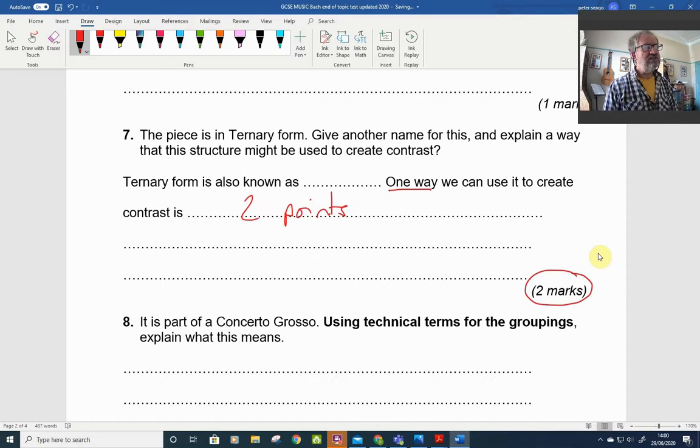Well, you'd have to explain the contrast. Maybe identify it would be 1 point, and then explain why that gives us contrast would be your second point, and that's why you need extra room to make that count. And that's clear. You only get 1 mark for telling me what the contrast could be, but another mark for explaining that in a sophisticated way.